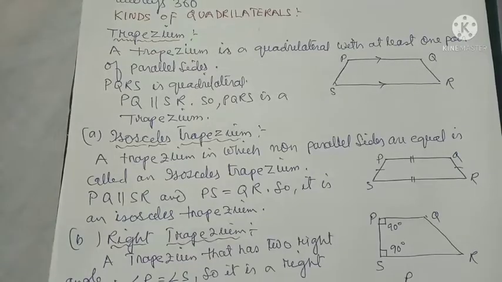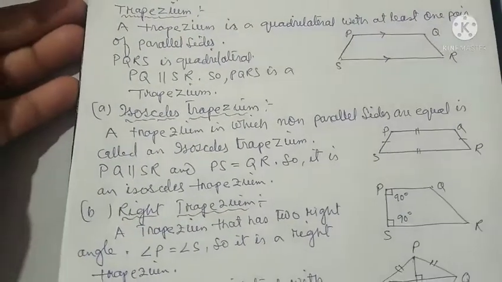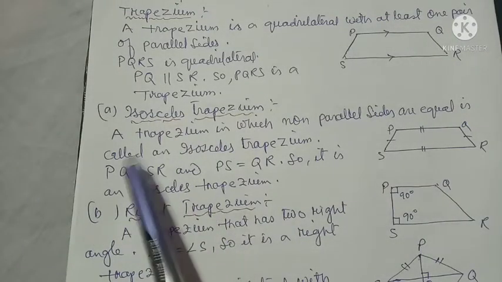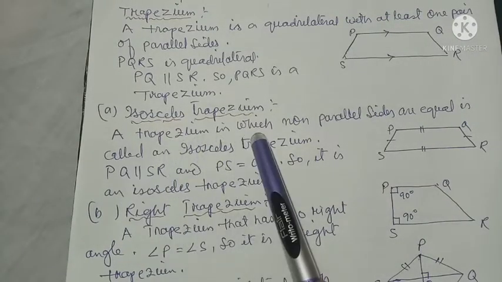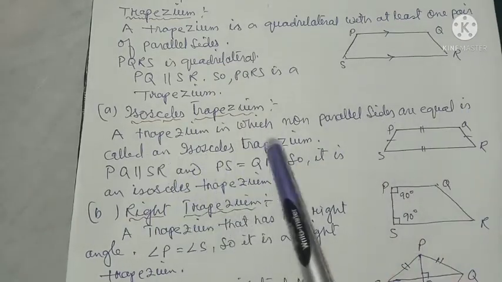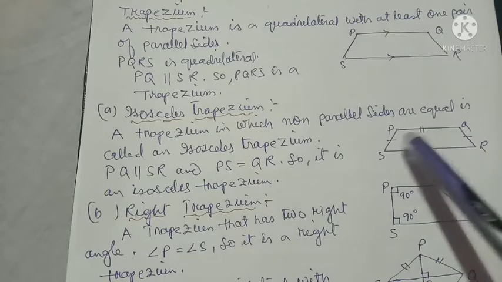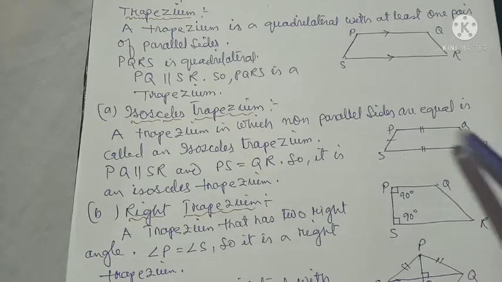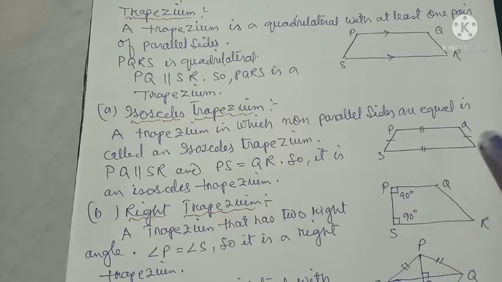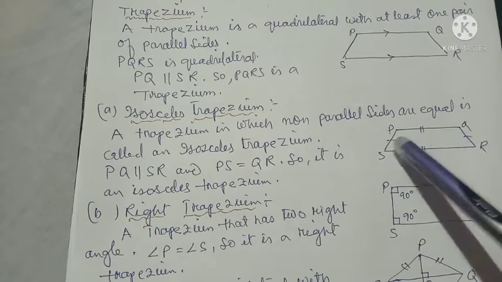And again, there are two types of trapeziums. The first is the isosceles trapezium. What does the isosceles trapezium say? Let's discuss. A trapezium whose non-parallel sides are equal is called an isosceles trapezium. If PQ and SR are parallel to each other, then PS and QR should be equal.